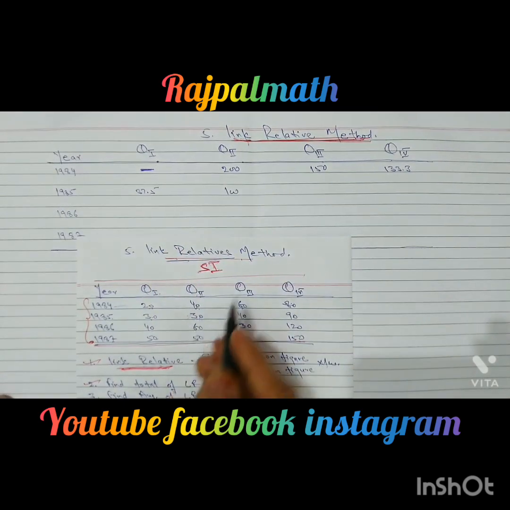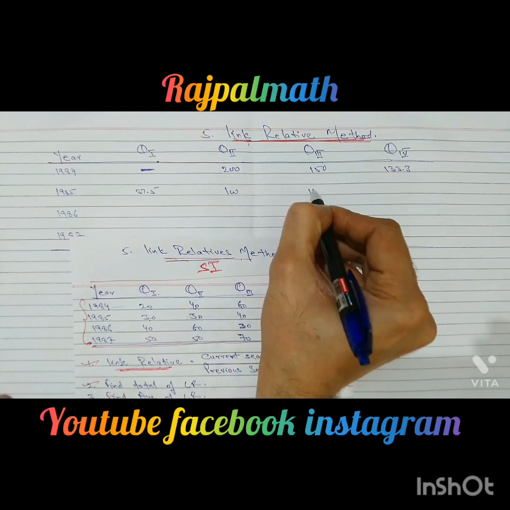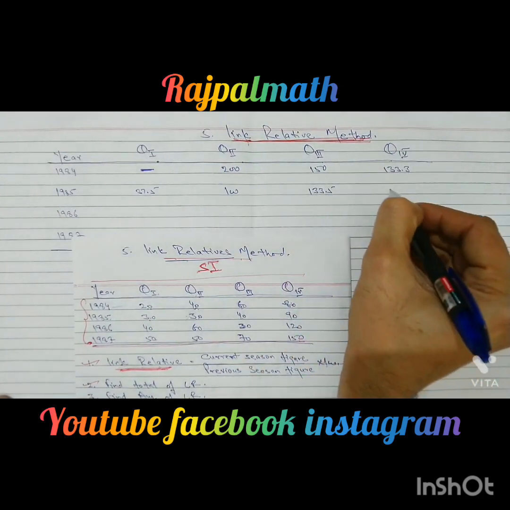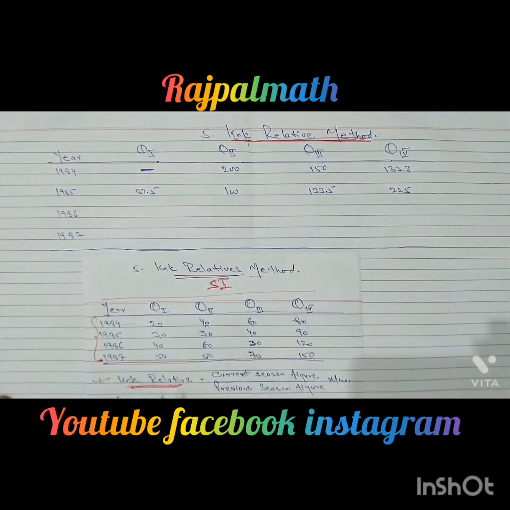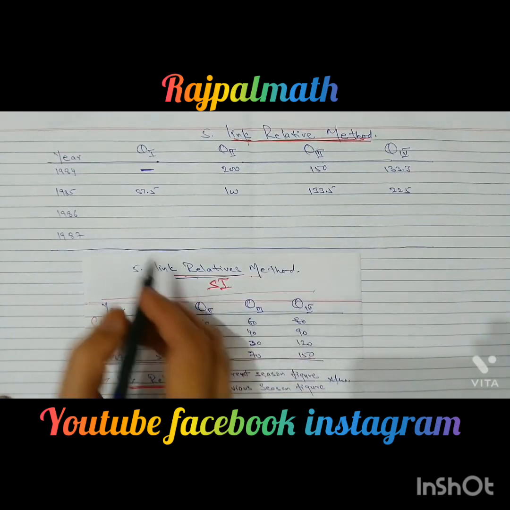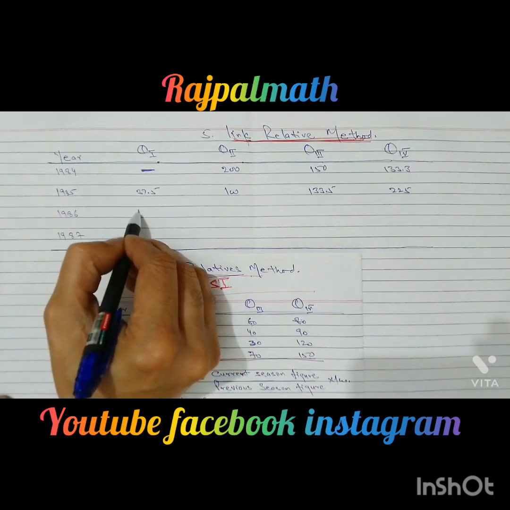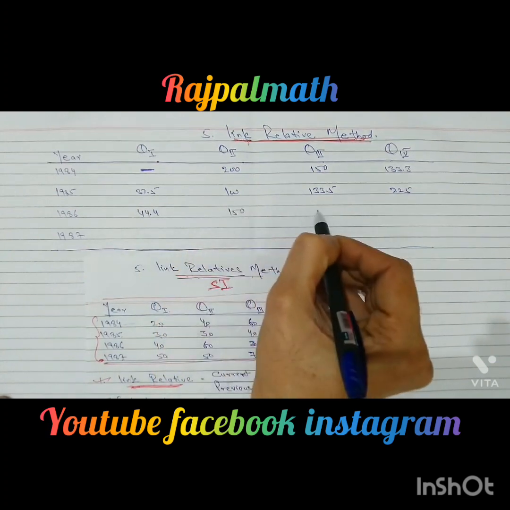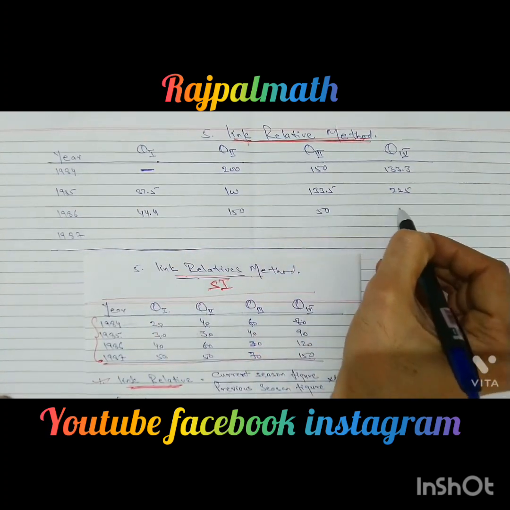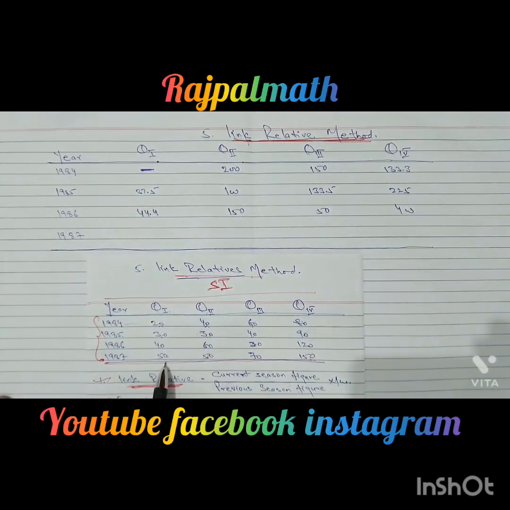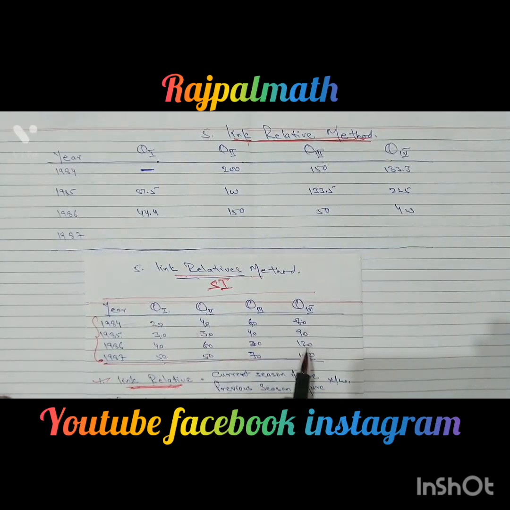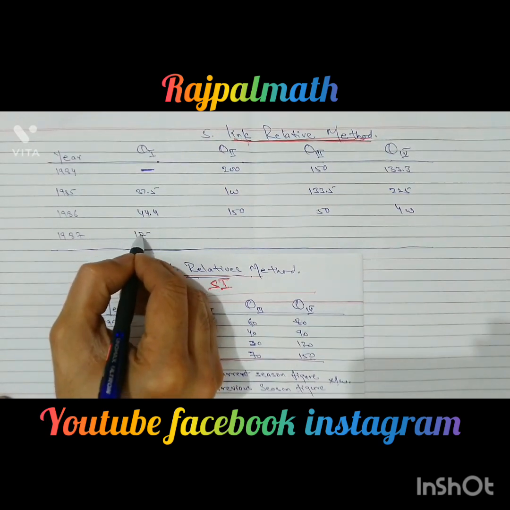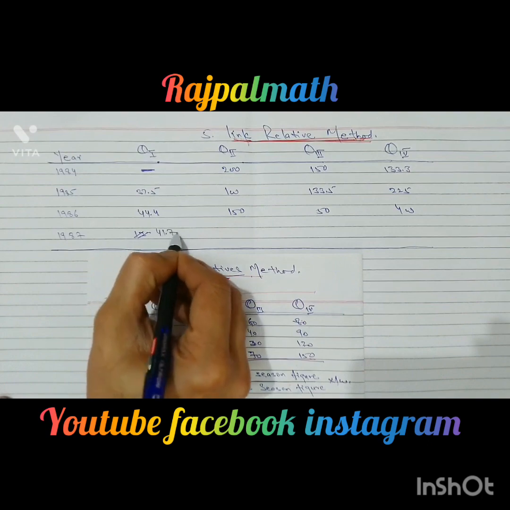40 divided by 30 into 100, again 133.3. 90 divided by 40 into 100, 225. For next, 40 divided by 90 into 100, 44.4, then 150, then 50, then 400. For 1987, 50 divided by 120 into 100, 41.7.